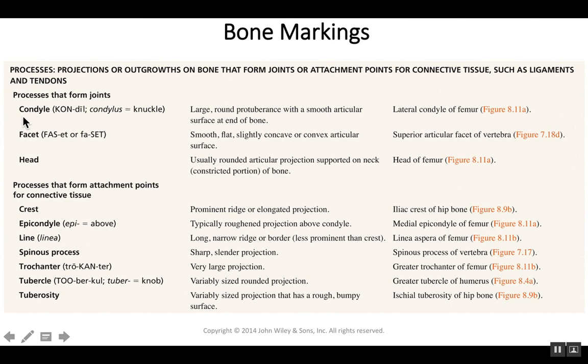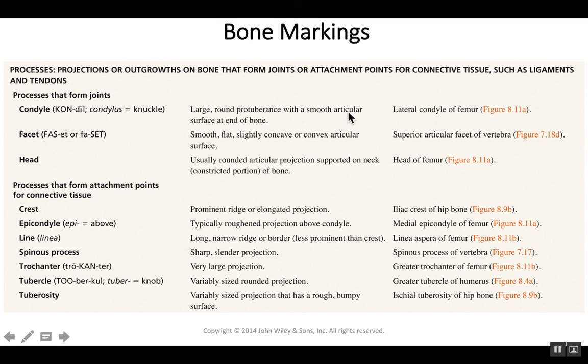Condyles are the largest processes found on bones. The word condyle actually means knuckle, and in fact, the knuckles in your fingers are formed by condyles coming together. But by definition, a condyle is a large, round protuberance with a smooth articular surface.